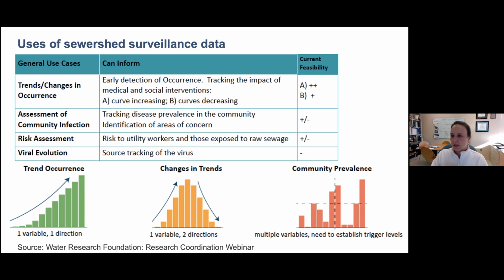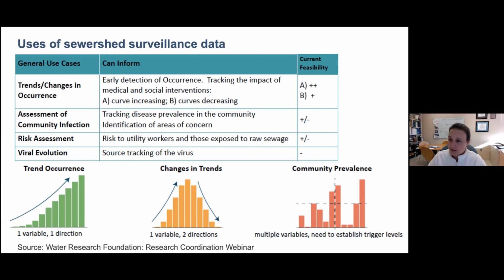People could be over their infectivity phase, where they're not actively transmitting infectious virus, but they could still be getting it out of their system, right, in the stool. And so detecting increases is very feasible.